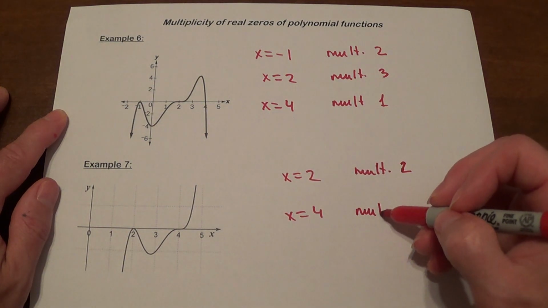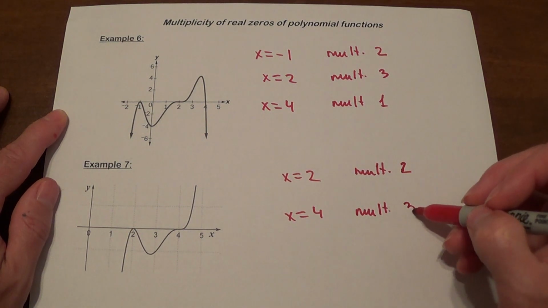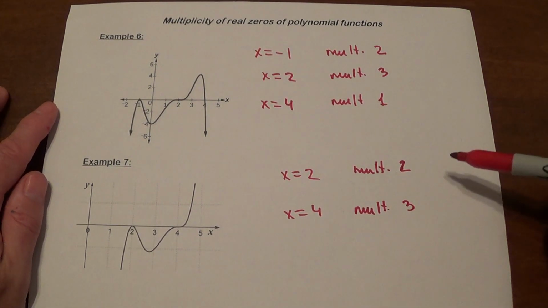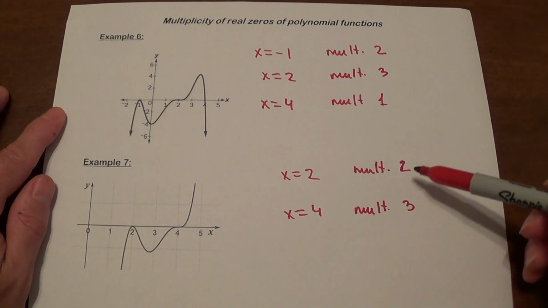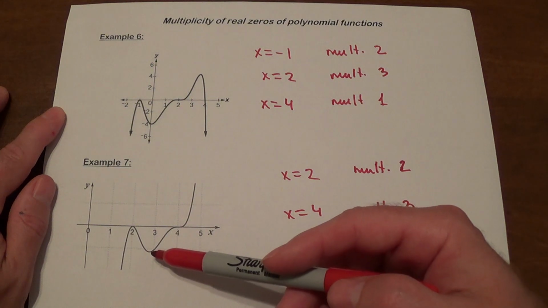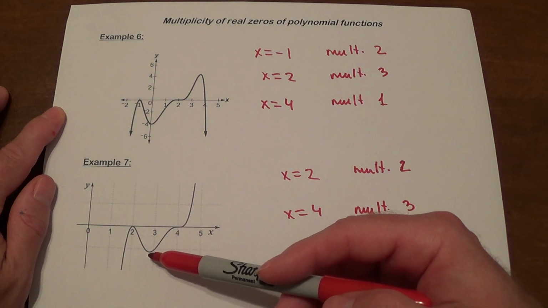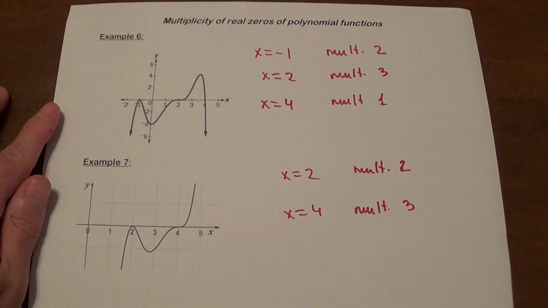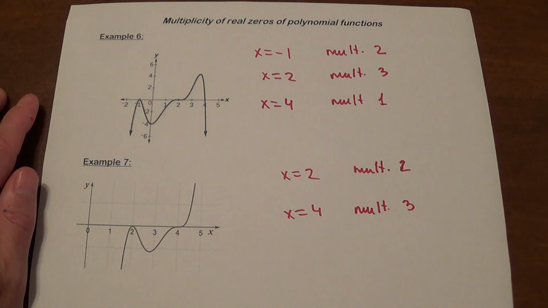That means multiplicity has to be at least 3. Okay. By the way, a quick mention about multiplicity as far as the function behavior. If you add 2 plus 3 together, you get 5, which means this has to be possibly a 5th degree function. So at least we know it's an odd degree function. Both ends go in the opposite direction. It is consistent. Okay, and I hope this helps.